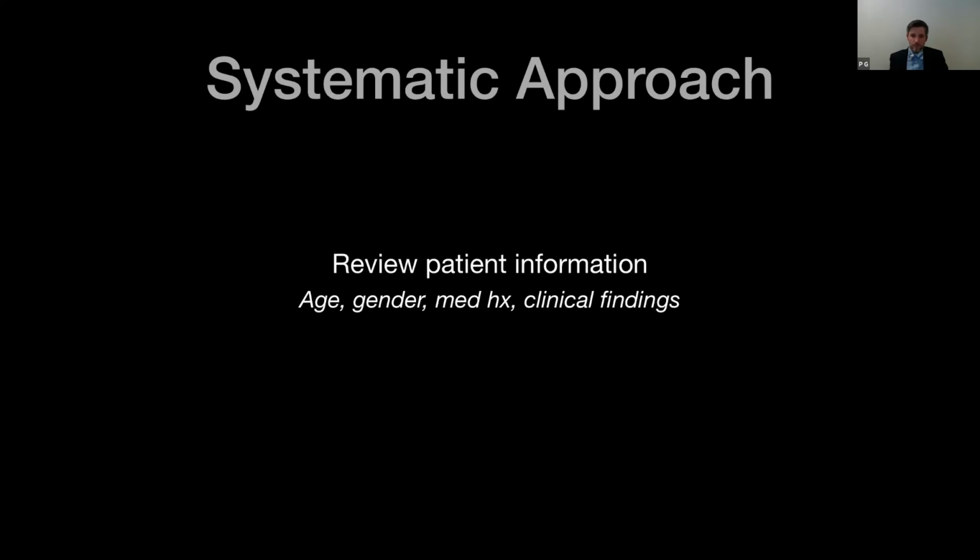And so what goes into having a systematic approach? Of course, before looking at the scan, you do want to review patient information. So patient demographics, like age, gender, medical history, and your clinical findings during the examination.